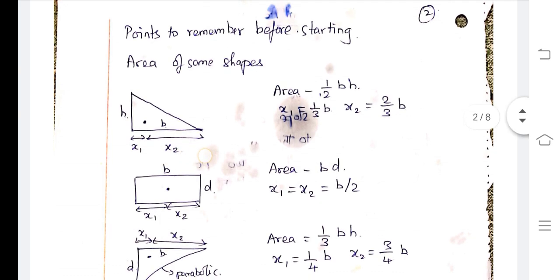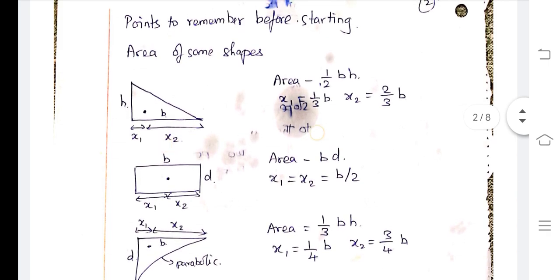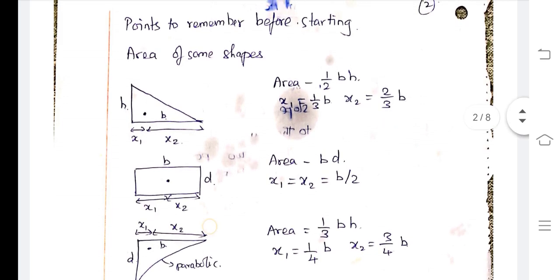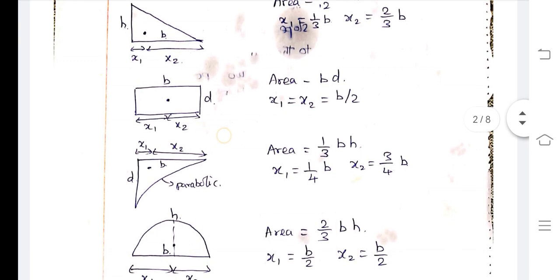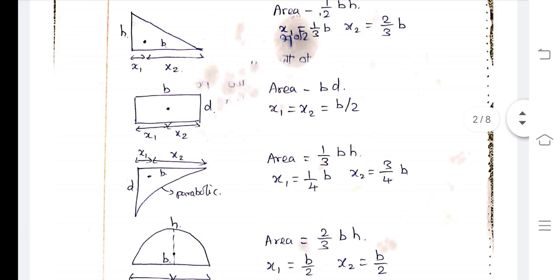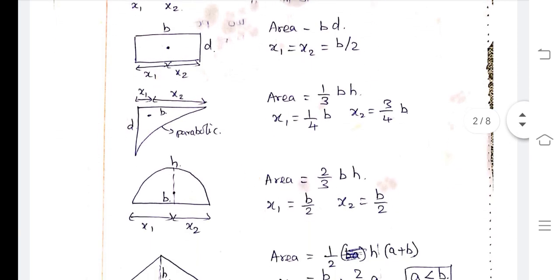This is x2, distance of CG from the vertex. So x1 is 1 by 3 of B, and x2 is 2 by 3 of B. Next shape is rectangle, area B into D, and x1 will be equal to x2, that is equal to B by 2. Then this is a parabolic curve.